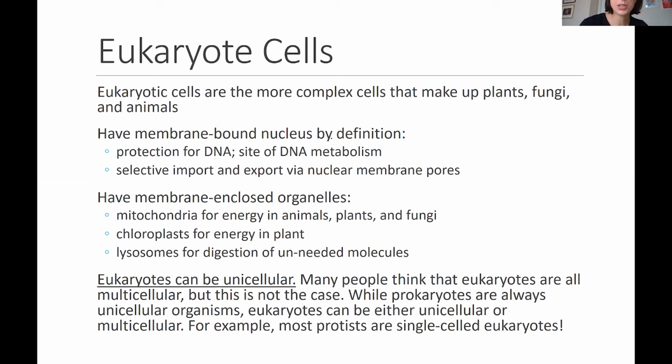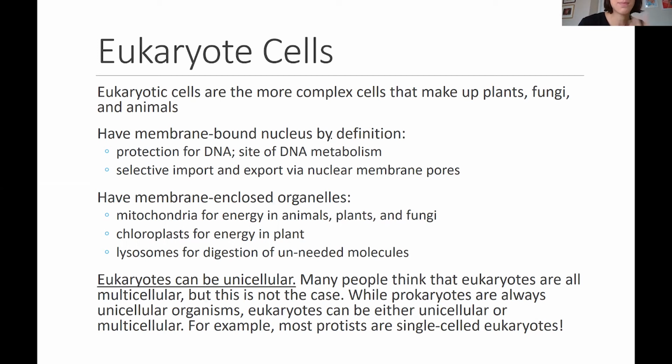Eukaryotic cells also have membrane-enclosed organelles, things like mitochondria for energy, or in plants, chloroplasts, also for energy but plant-specific, and lysosomes, an area of digestion for unneeded molecules. These are all specific organelles that have an enclosed membrane within the cell.